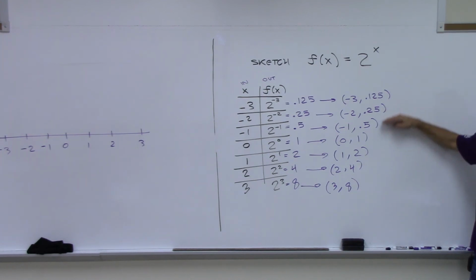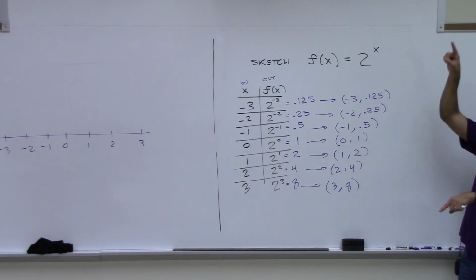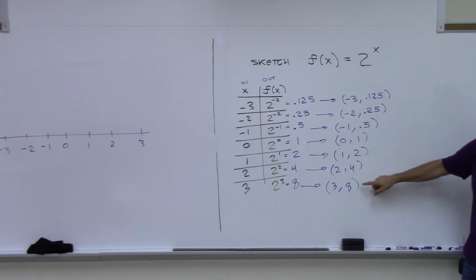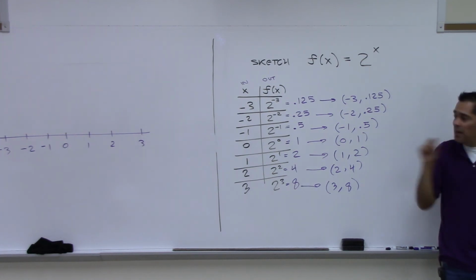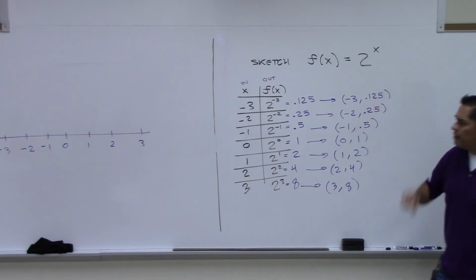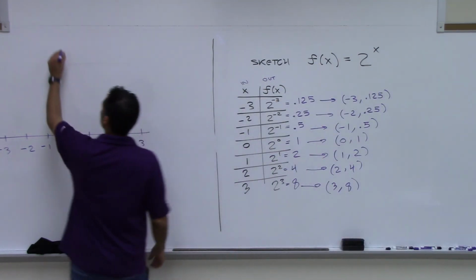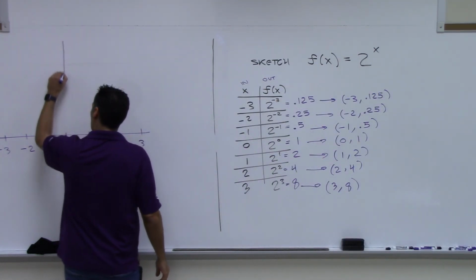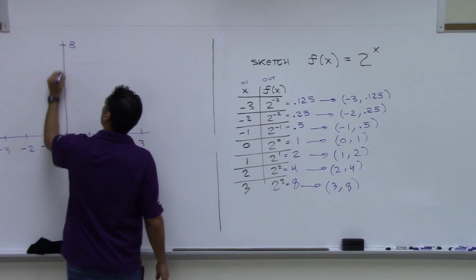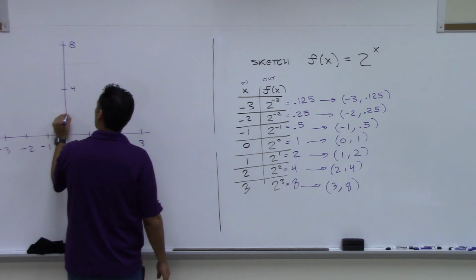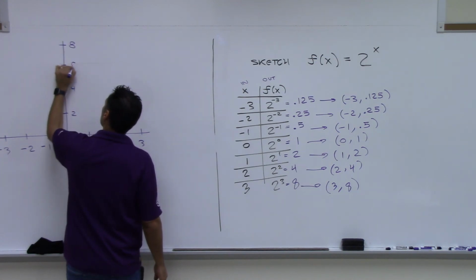What's the biggest y value I get? 8, right? So I need to make sure I go up 8. And the smallest y value I get is 0.125, which is a small number, but it's positive, right? It's a positive number. So when I draw this, I really only need to go up to 8. That would make that about 4, 2, 6.